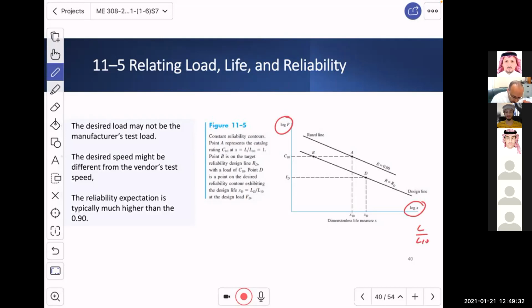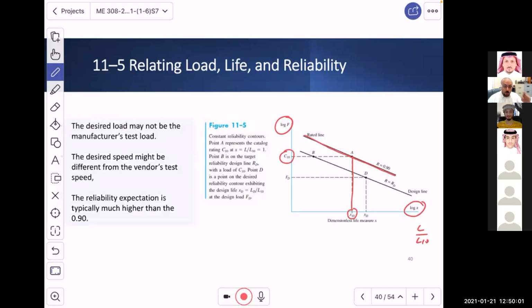This curve is called the constant reliability curve. And what does it say? It says that if you want to run for X10, which is, let's say, 1 million, you need to get C10 with a reliability of 90%, no more.